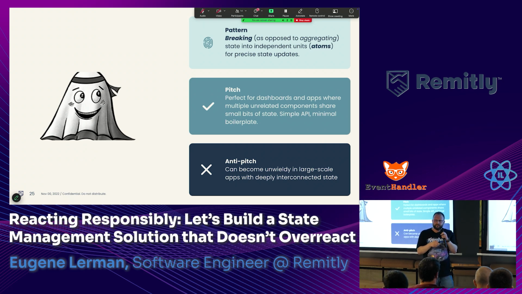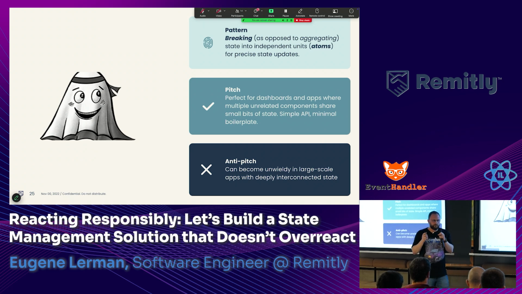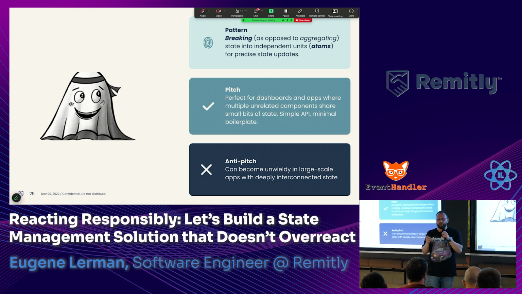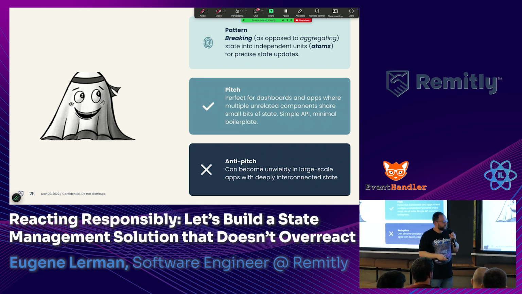Also, a simple API does not mean that it's a robust one. It's not even about robustness. It's just that simple things are simple, but you don't necessarily know the correct patterns or how to use them. So basically what I'm trying to say is that if you use Jotai to manage all of your state, well, good luck.